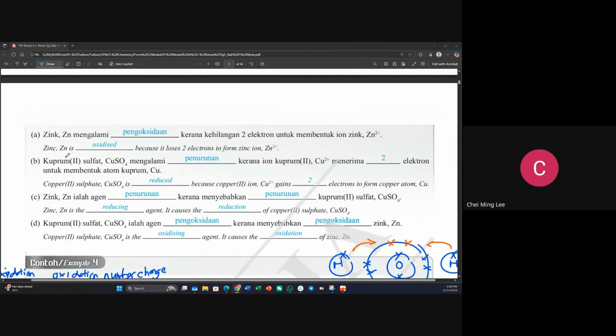So from here, zinc is oxidized, so it's a reducing agent, causing the reduction of copper 2 sulfate, while copper 2 sulfate is an oxidizing agent, causing the oxidation of zinc. You see, for C and D, the way of writing is the same as just now. The only difference is just now, by the formula we straight away know what happened, oxidation or reduction.